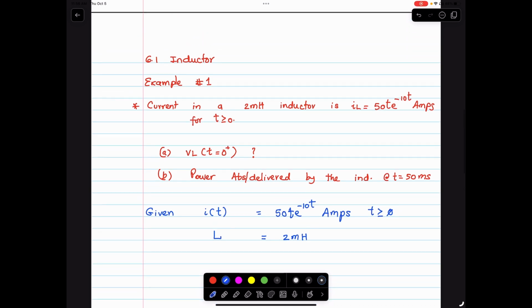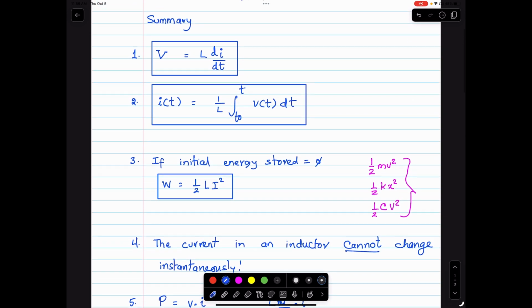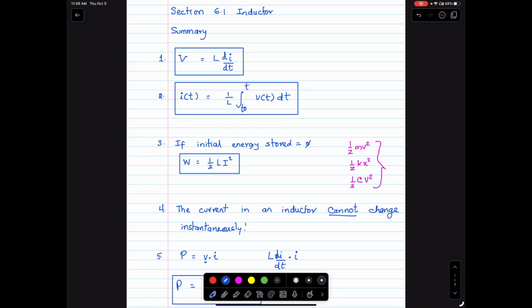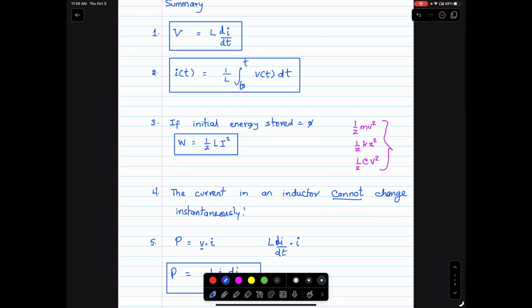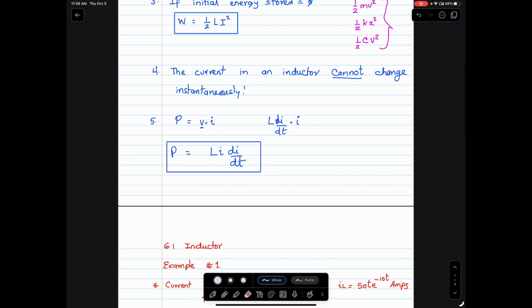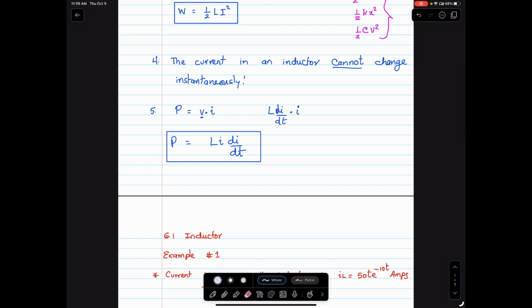Now we can go back to the formulae that Sergio described earlier, and see that we can apply this formula. Because we are asked to find V, we can simply use V equals L di by dt.